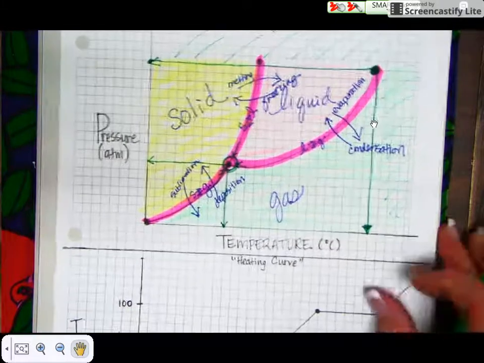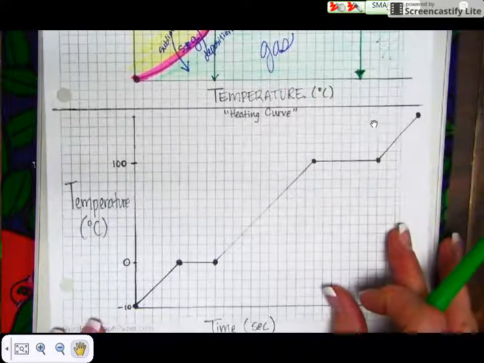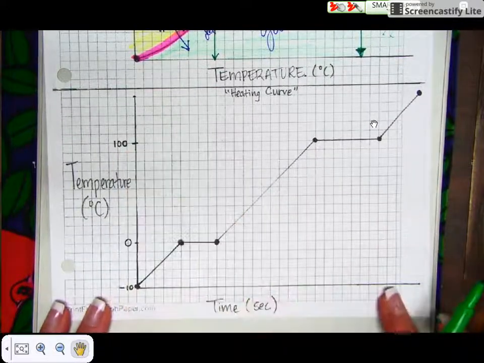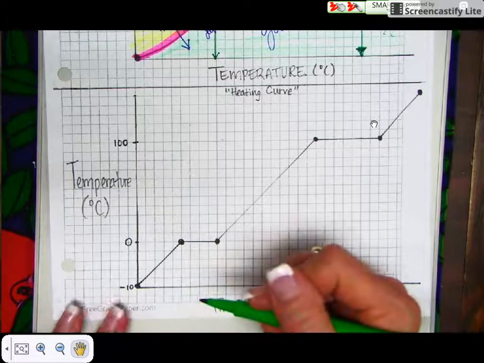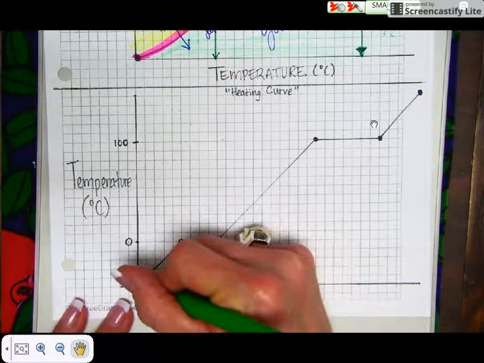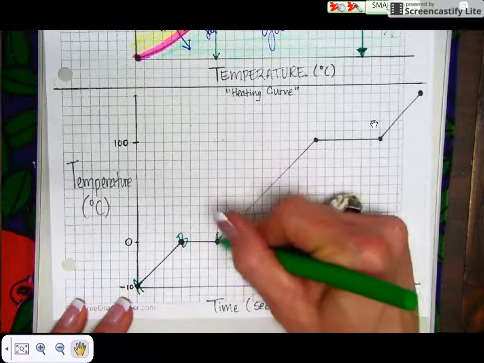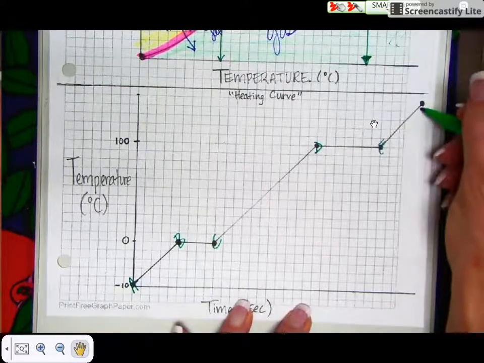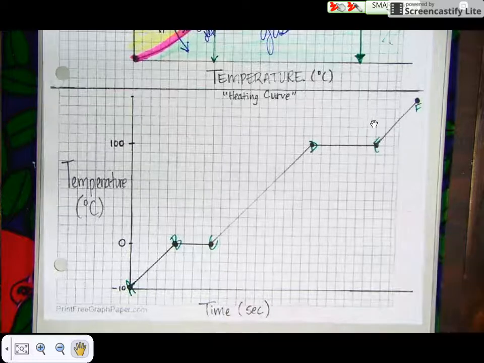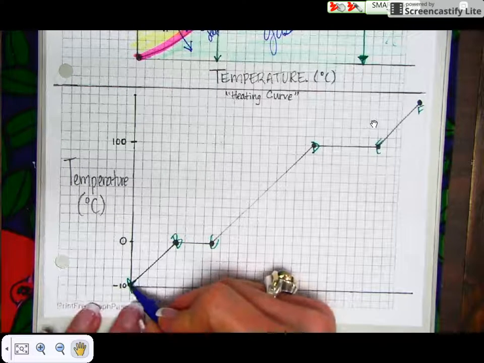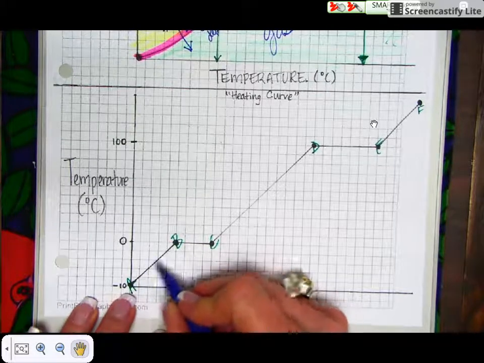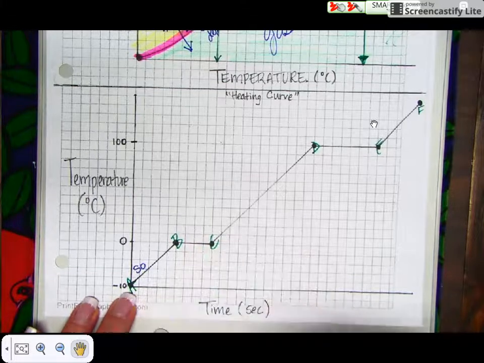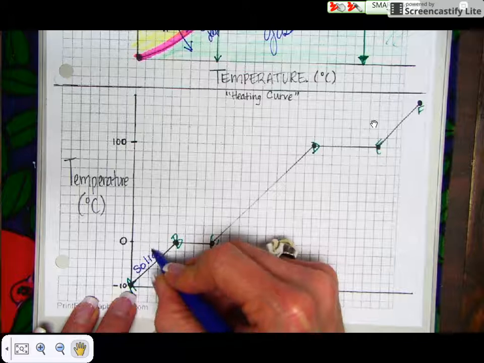So the second diagram was the heating curve. Notice this is a graph of temperature versus time for the substance being heated over time. So we labeled these points A, B, C, D, E, and F. On the heating curve, at the temperatures between this region here between A and B, this is where the substance is frozen, and we call that a solid.